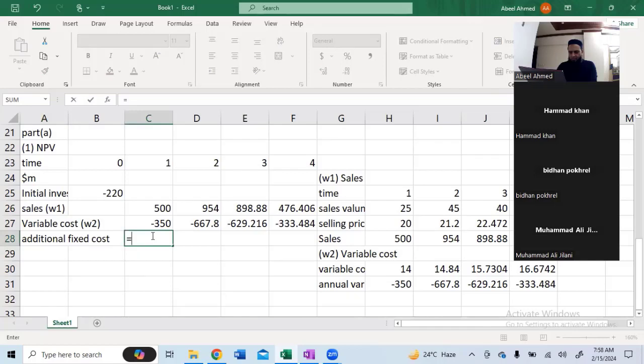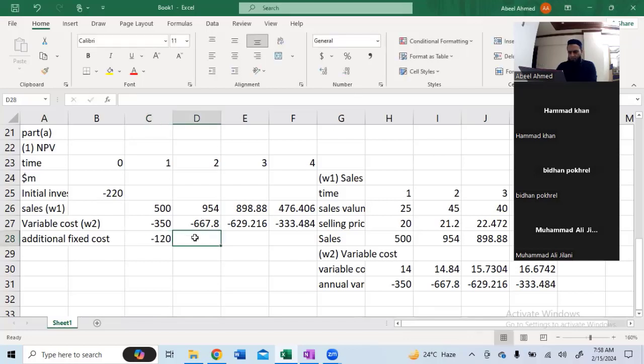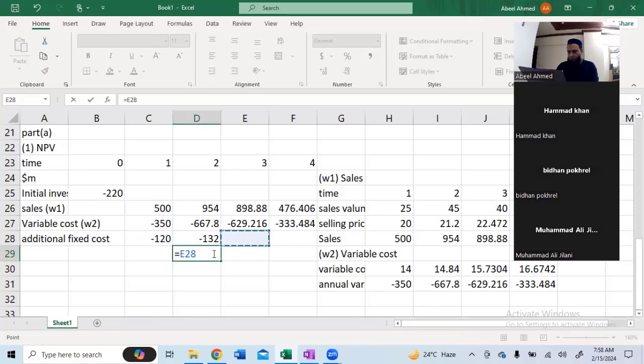Let's take a negative sign, 120. Yes. 1.1. 1.1.